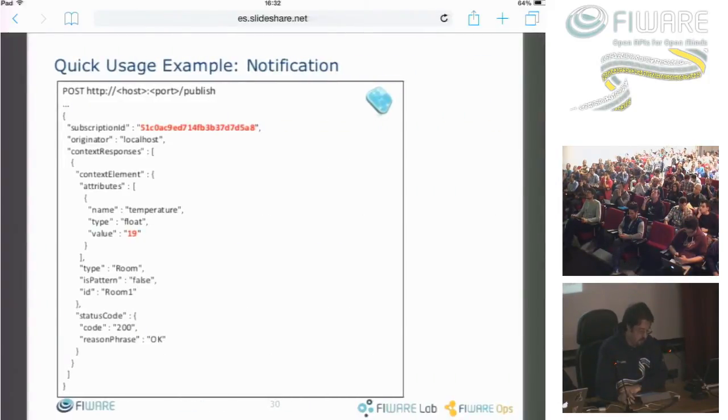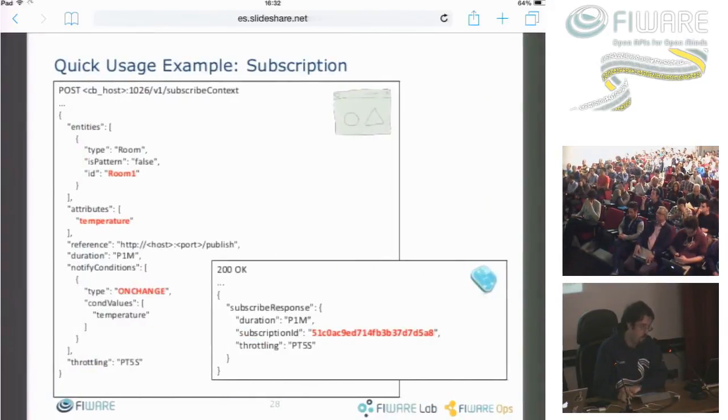And this message shown in the slide shows the structure of such a notification. So ContextBroker will issue a POST operation to the endpoint you specify in the reference. As you can see, this URL is the same that we had before. You can look at the slide, and the reference is the same. It's a published URL in a given host and port.